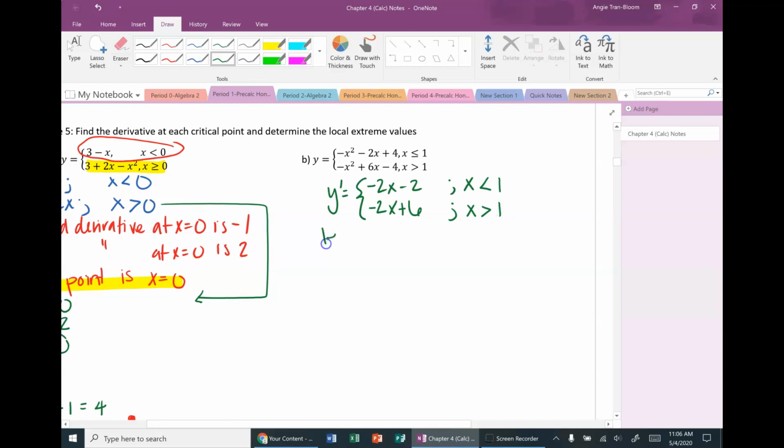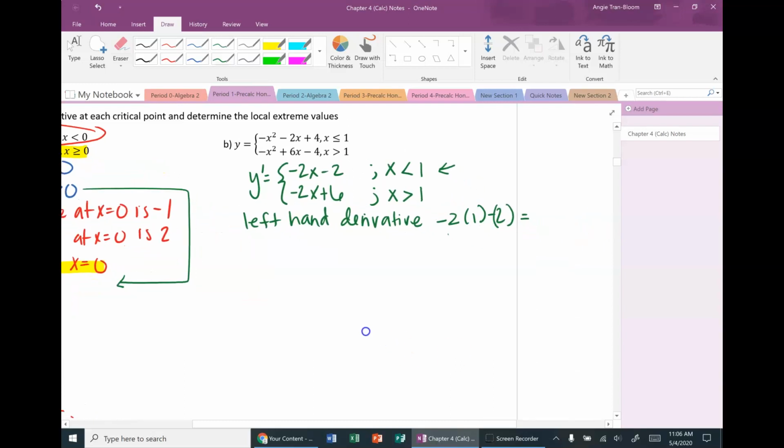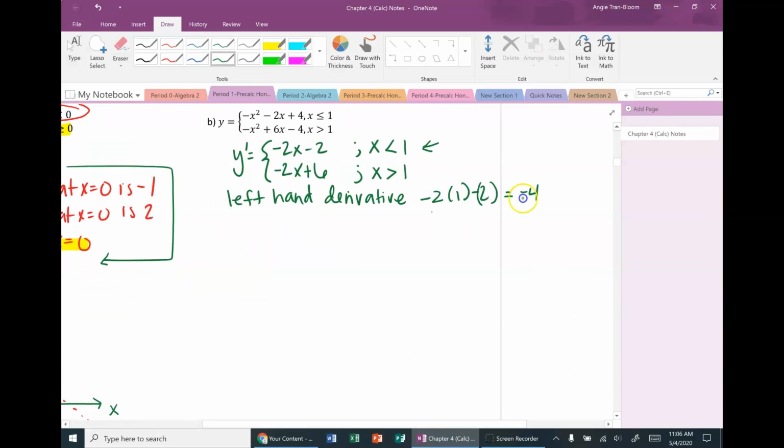So left hand derivative is going to see, so left hand, I'm using this piece, that's negative 2 times 1 minus 2 equals negative 4.